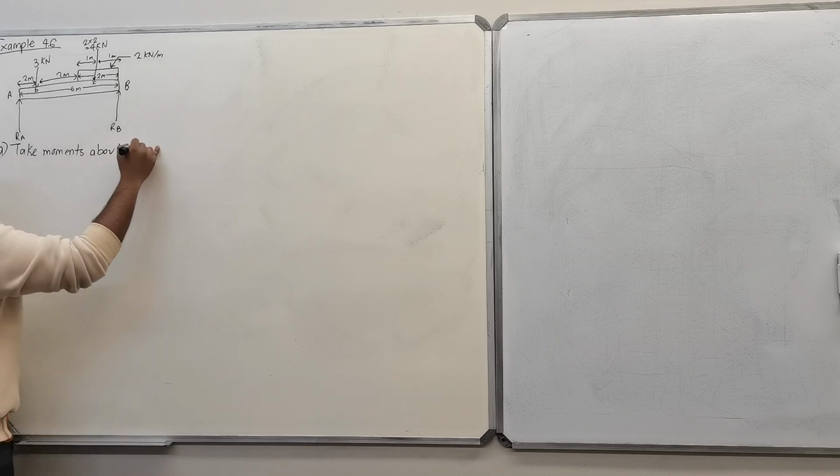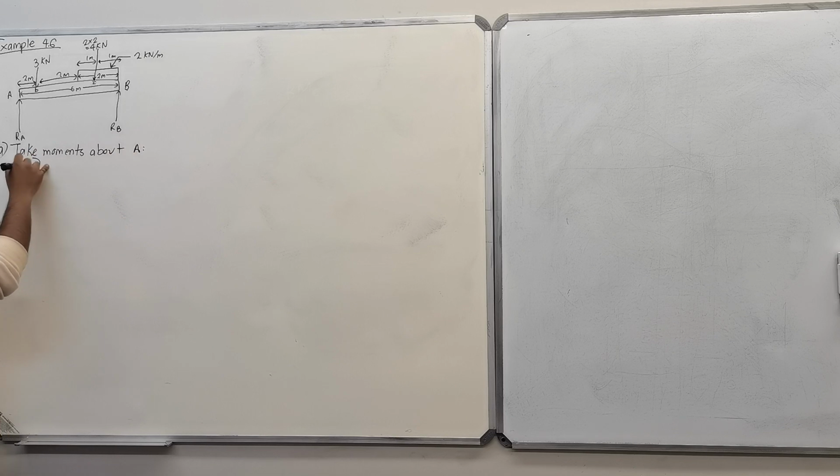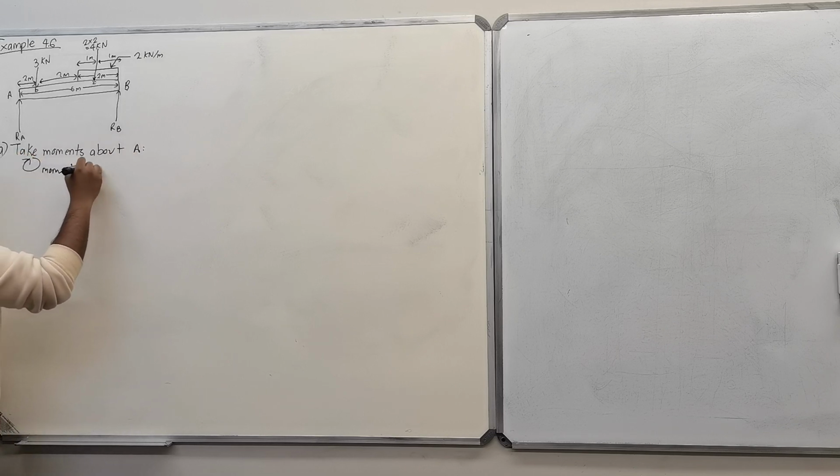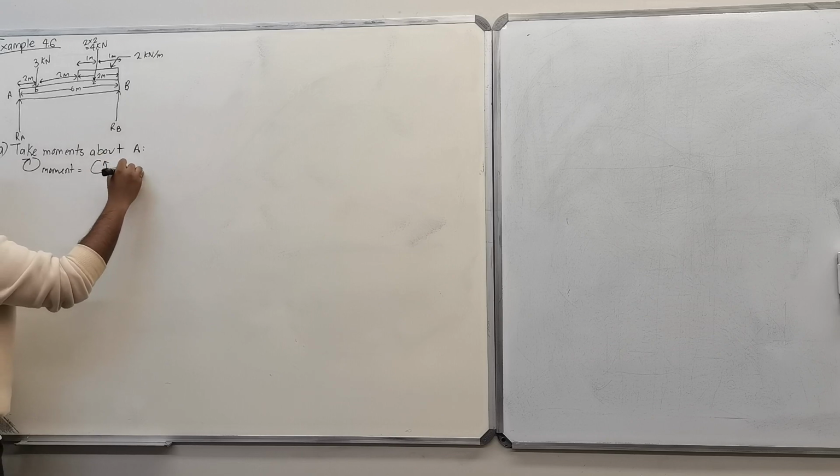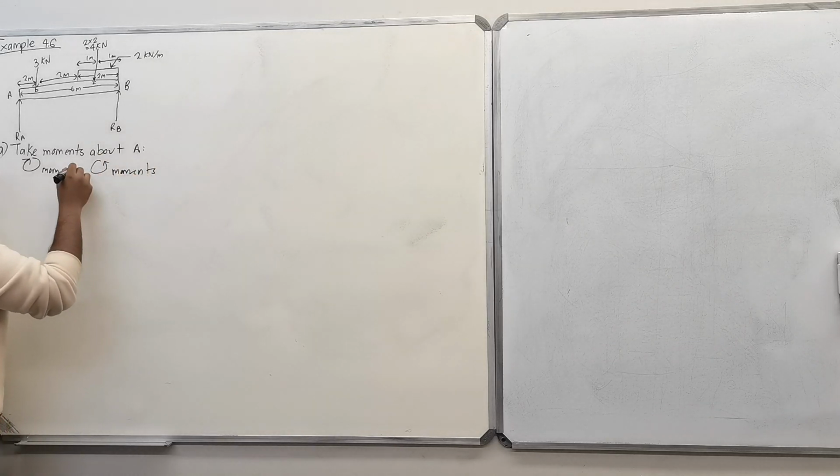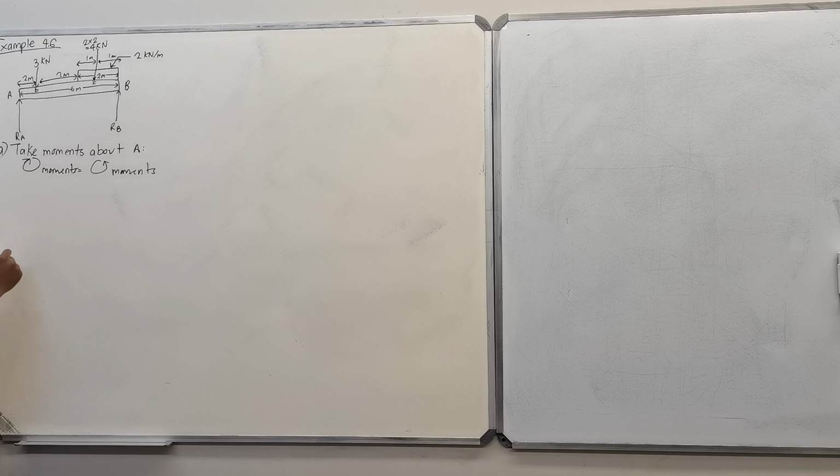Check the moments about A. Clockwise moments are equal to anti-clockwise moments. Say it like how I would say it here. When you're looking at A, first they're acting clockwise.